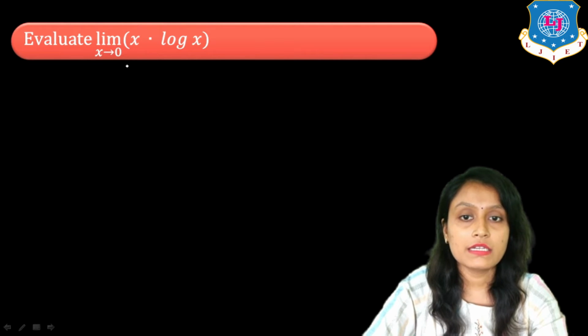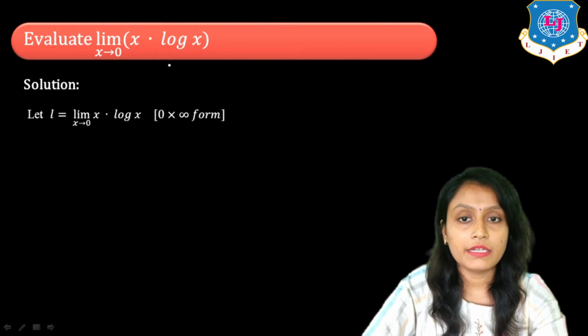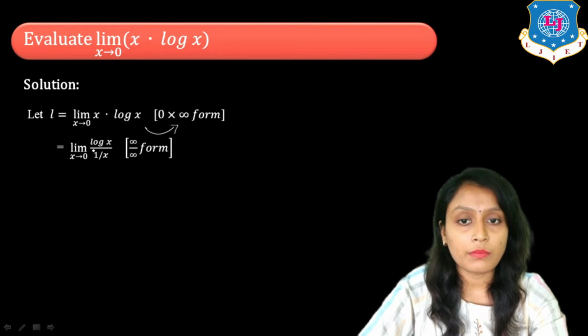Evaluate limit x tends to 0 of x into log x. So let's begin with the solution. Consider this limit as L. Okay, now if you substitute x is equal to 0 here, you will get 0 into log 0, that is infinity, so you will get the form 0 into infinity. Okay, so what we will do, we will take one term in the denominator.